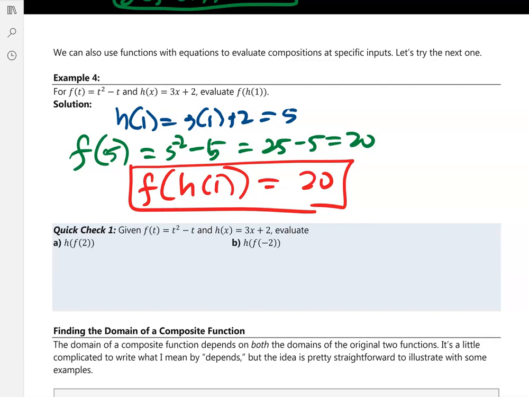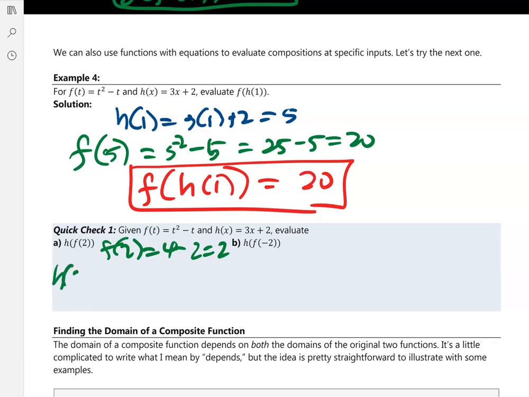Next, quick check. Given f of t is equal to t squared minus t and h of x equal to 3x plus 2, evaluate this. h of f of 2. f of 2 is 2 squared minus 2, which is 4 minus 2, which is 2.